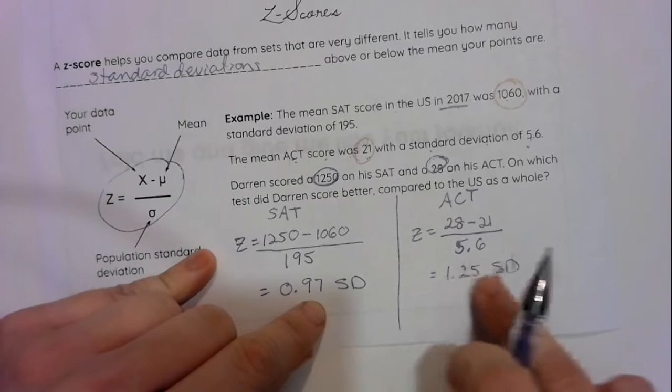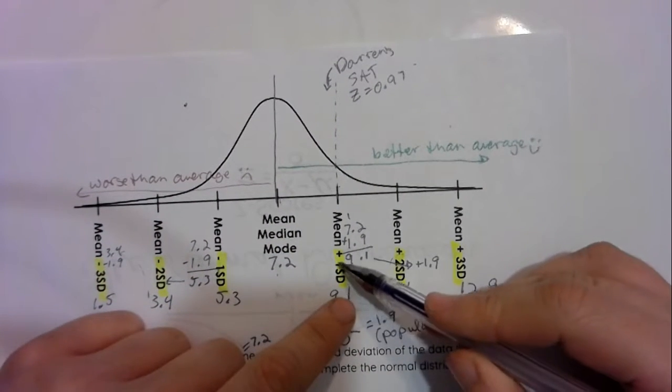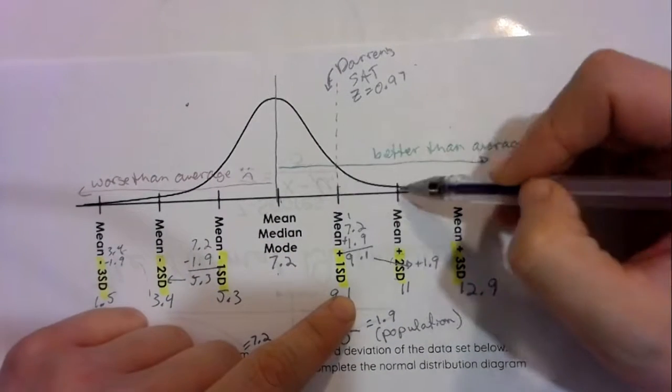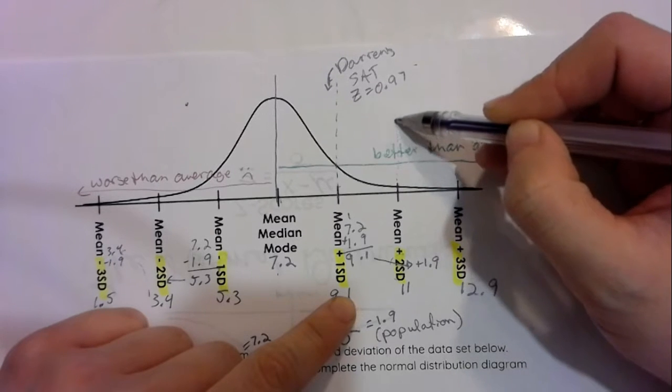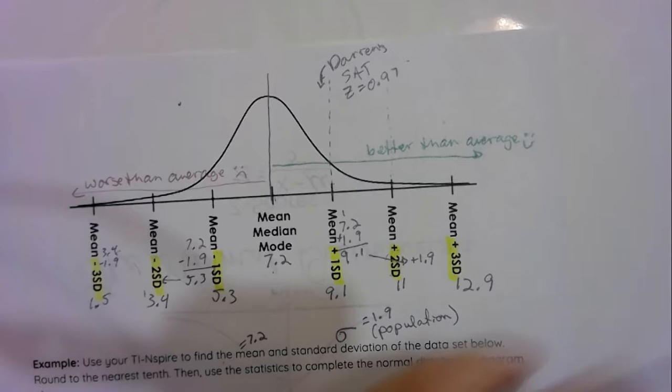So let's see where that fits on our diagram. Remember 1.25. Here's one standard deviation right here. He didn't quite reach 2 standard deviations, but I'm going to write in a different color.